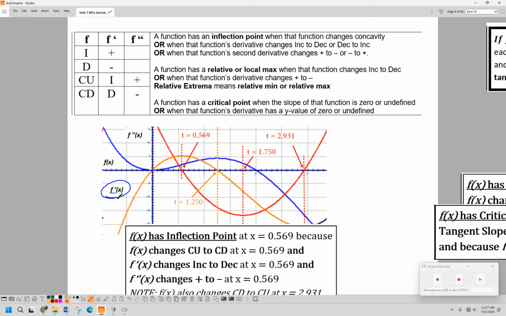So the definition is this is a relative max on f right there. F goes up, f goes back down, relative max. But we have to figure that out by looking at f prime.